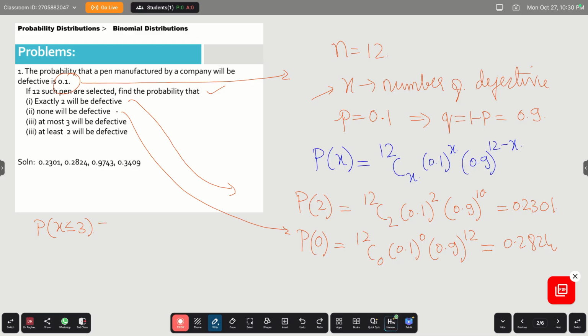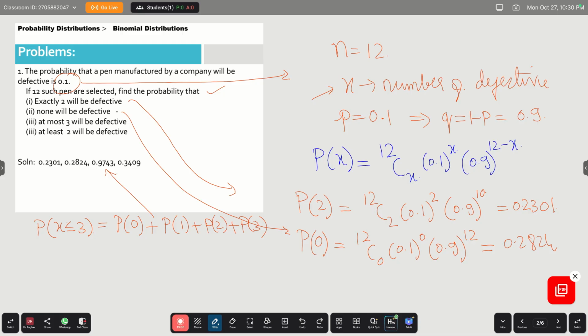So probability of x less than or equal to 3 means there can be 0, because x values that are less than 3. P of 0 plus P of 1 plus P of 2 plus P of 3. So all the 4 probabilities you can calculate separately and add them one by one, and its answer will be 0.9743.